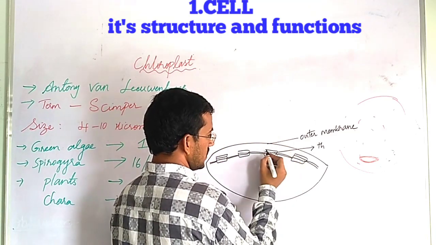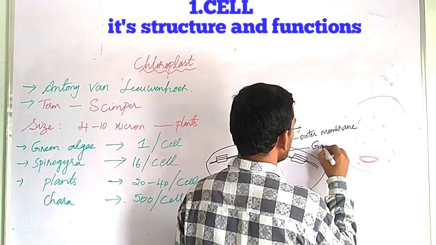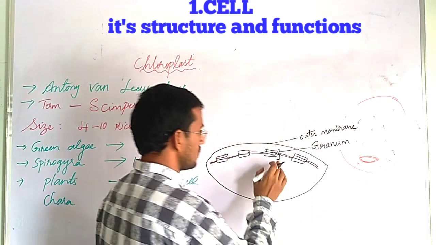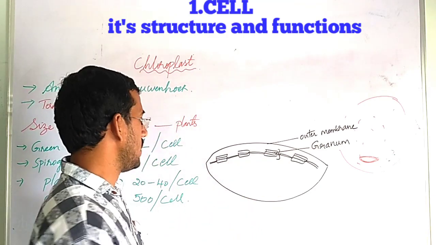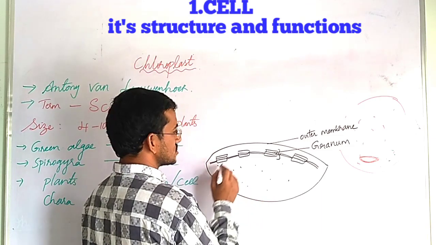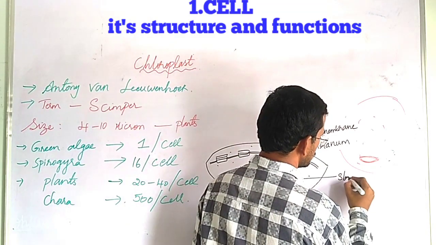This one is thylakoid, and all these together are called grana. One is a granum, and all these are called grana. The inside liquid part is called stroma.